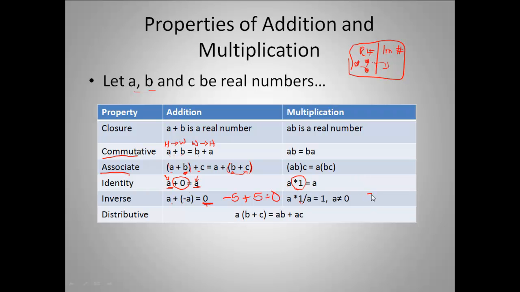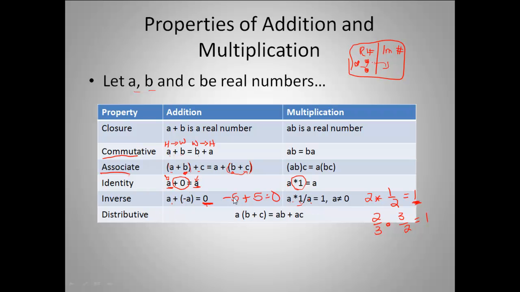If I have the number 2, I have to multiply it by 1/2 in order to get my identity back. Or if I had the number 2/3, I would have to multiply it by 3/2 to get my identity back. So with multiplicative inverse, it's the reciprocal of each other.